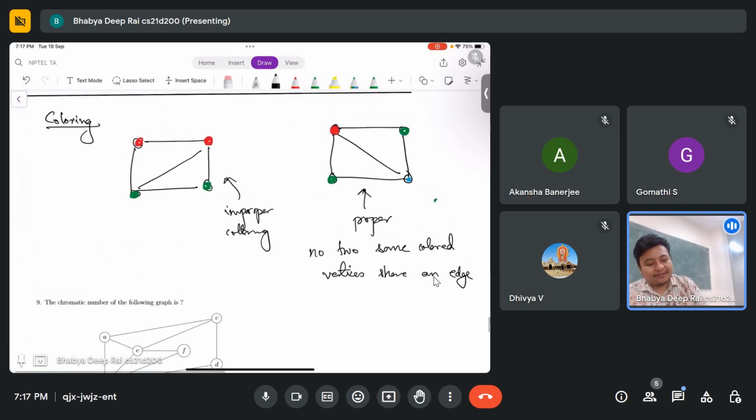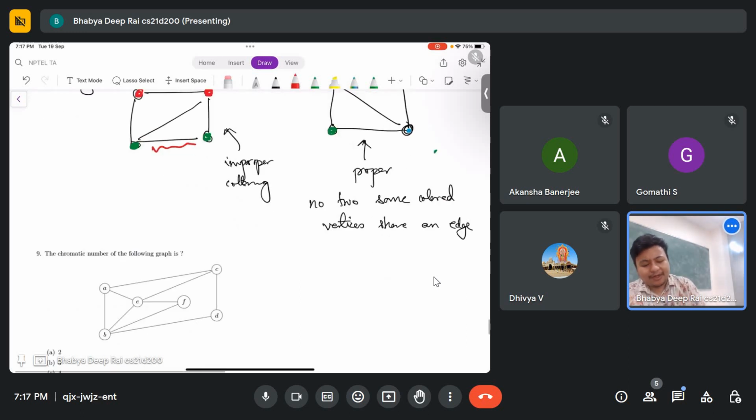You can see that this green vertex is connected to the red, and that is allowed. Green is sharing with blue, that is allowed, but green sharing with green is not allowed. For example, here, green is sharing with green, red is connected to another red vertex. This is not a proper coloring.